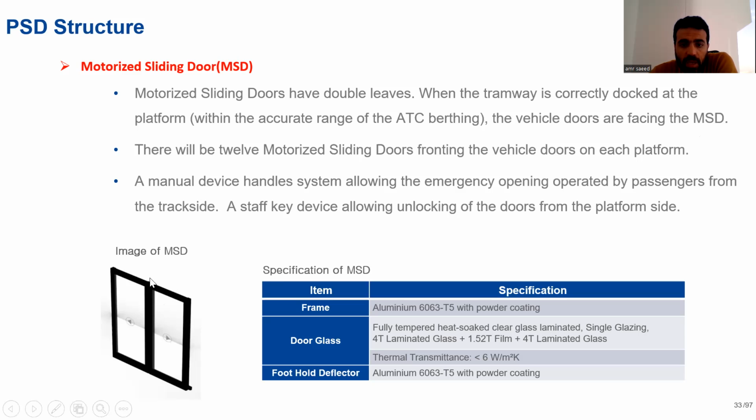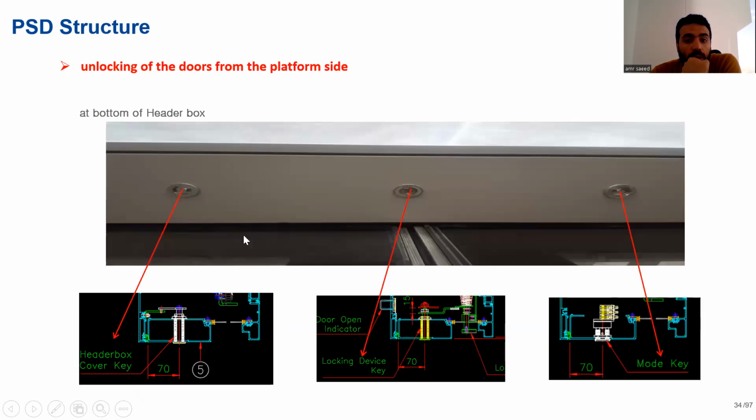There is a specific key to open or close the MSD. We'll see it now. As you see here, this key is just to open the header box cover. Okay.